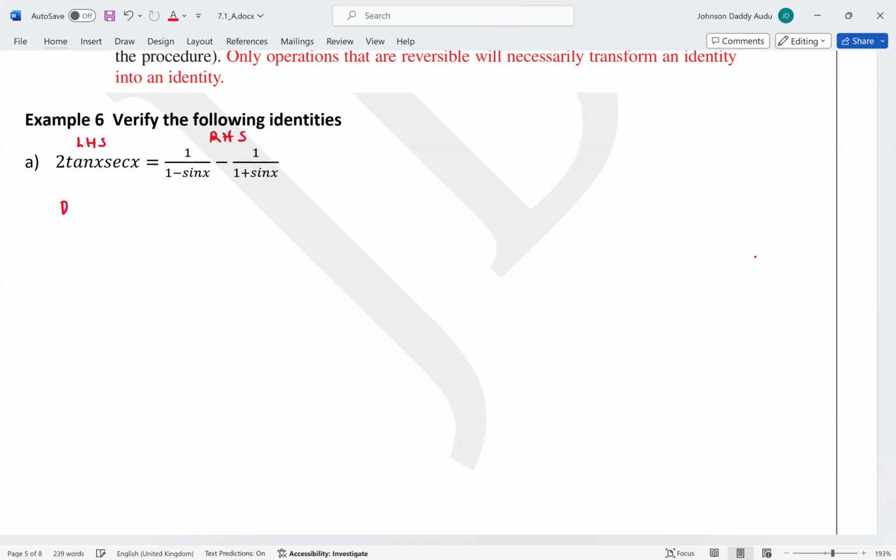So we will start with the right-hand side, which is 1 over 1 minus sine x, minus 1 over 1 plus sine x. Then we will proceed just like we did in the earlier examples under simplification. So what is our LCD?